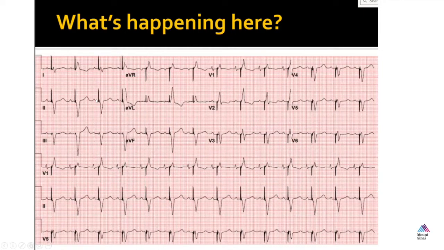Now, one of the interesting aspects of this tracing, though, is that we notice that the QRS isn't exactly the same on every paced complex, right? Yeah, it's different. Each beat is a little bit different, right? Yeah. Any thoughts on why that might be?